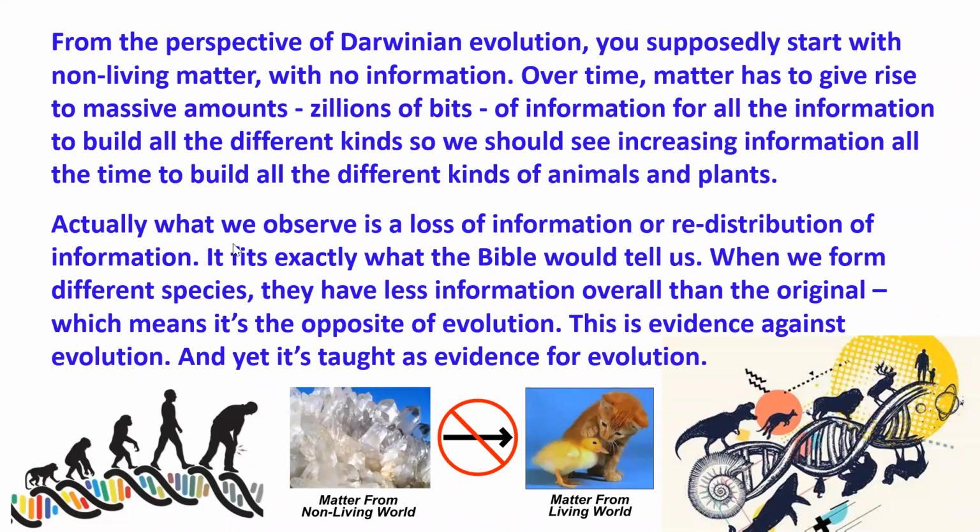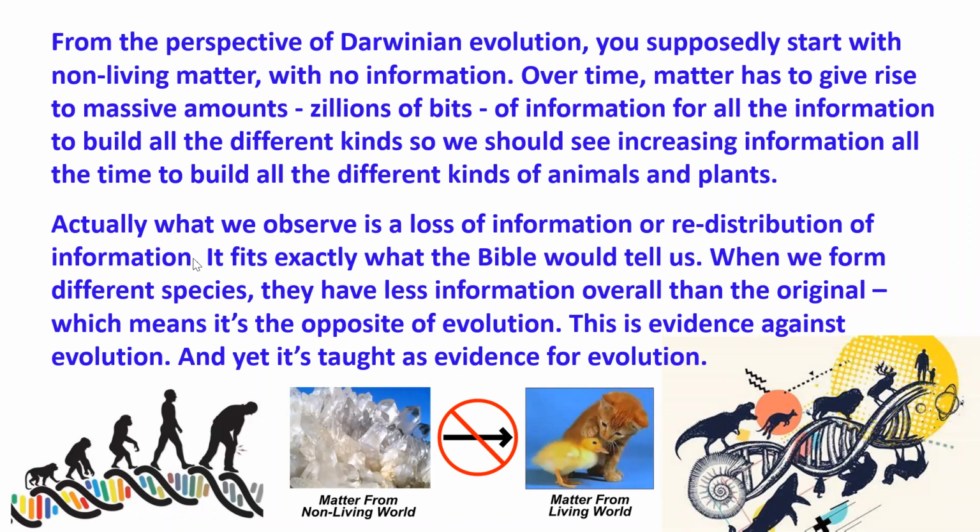But as we said already just now, what science observes is a loss of information or redistribution of information. It's exactly what the Bible would tell us: every kind of animal has its own kind. All the information is already there. It doesn't need new information to evolve into a different animal.